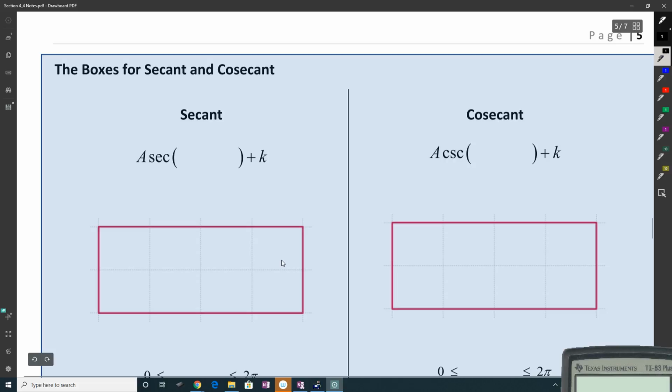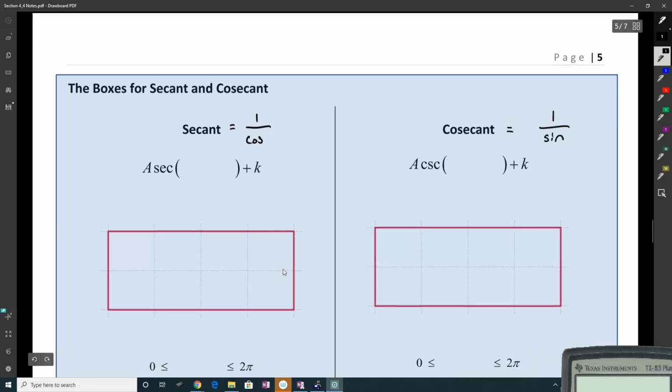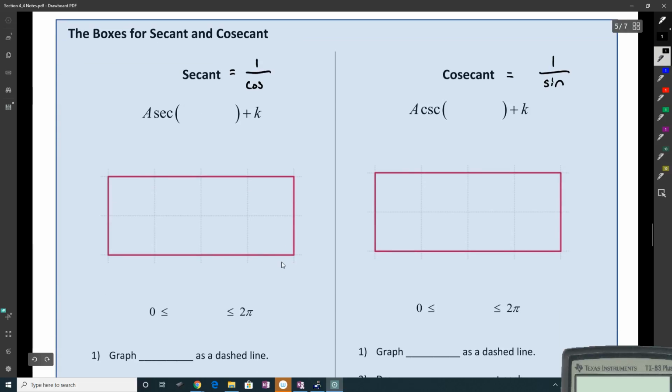So remember that secant is 1 over cosine, whereas cosecant is 1 over sine. So these graphs are a little funky. What we're going to do is, again, the same thing as before. That never changes.